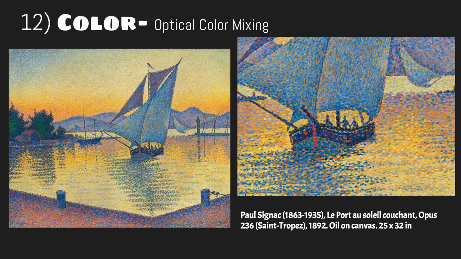And then when you do the zoomed in version of it, you can see each individual color, and it's almost like, why did he put that color there? It's really confusing how there's all those colors there, but it still makes sense and it looks right. So that's an example of optical color mixing, because there's a variety of colors, but when your brain processes it, it kind of simplifies it.